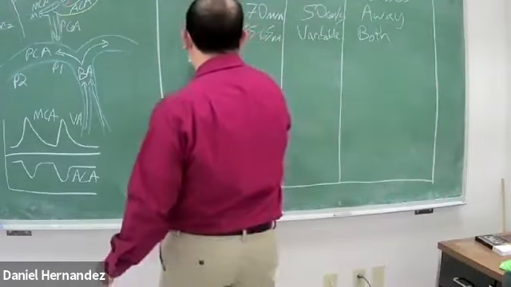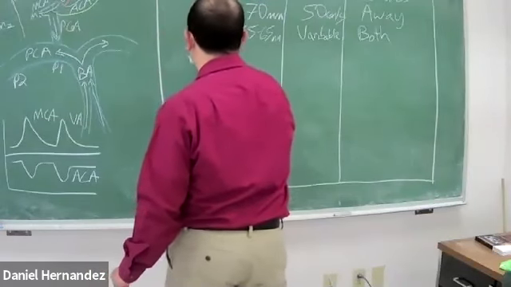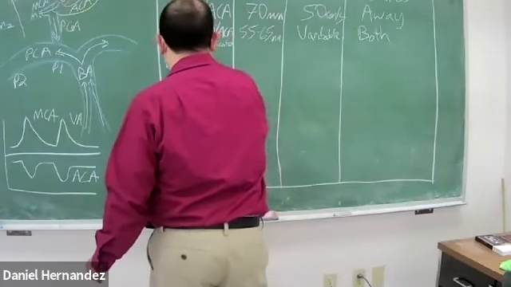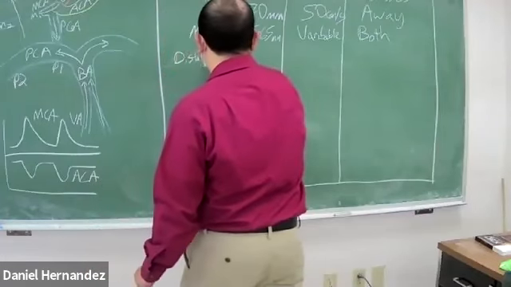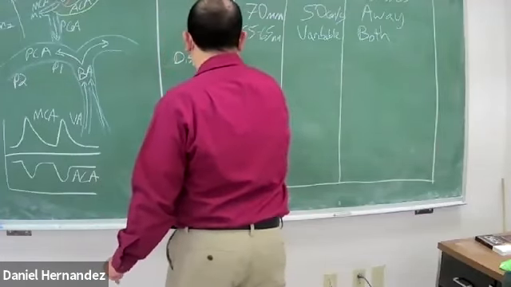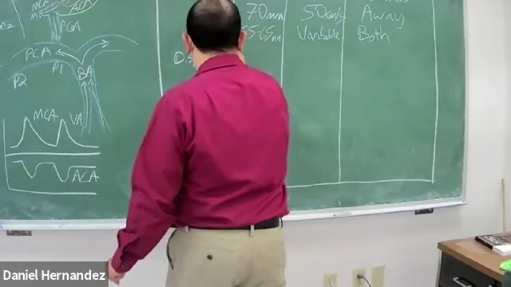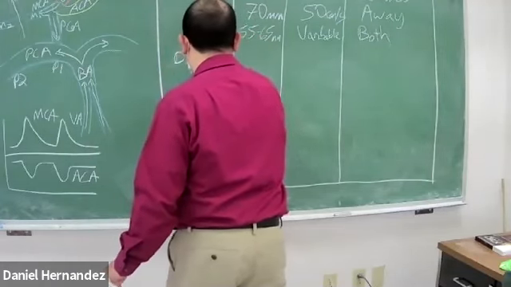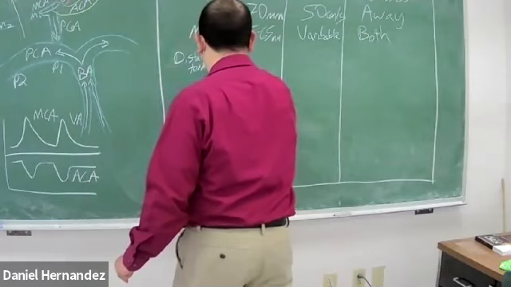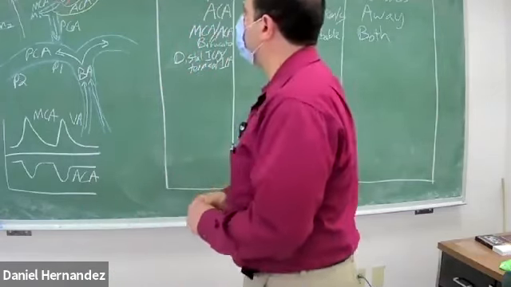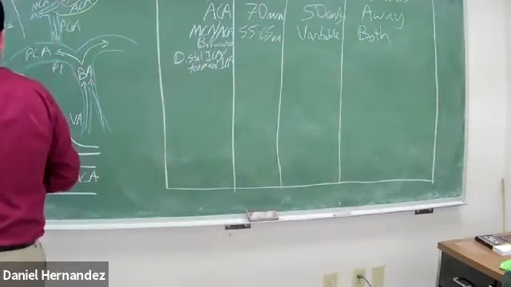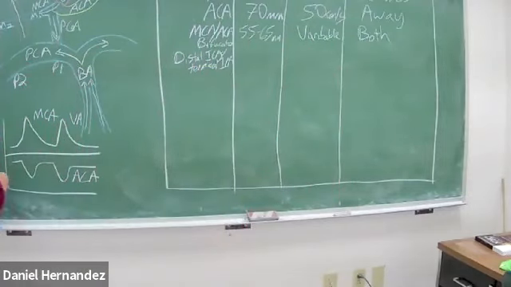All right. So transtemporal, we can also image the distal ICA, also called the terminal ICA. That would be our segment of the ICA when we're coming around that turn before the bifurcation.